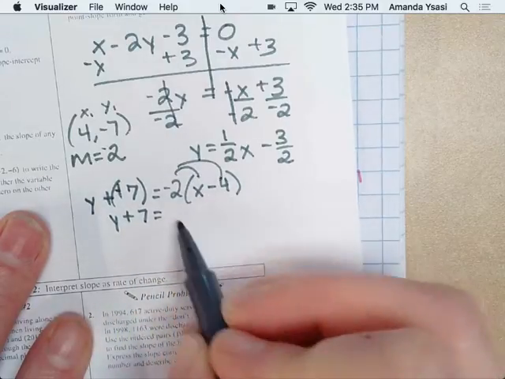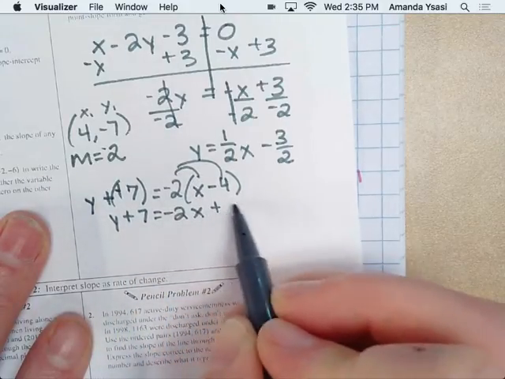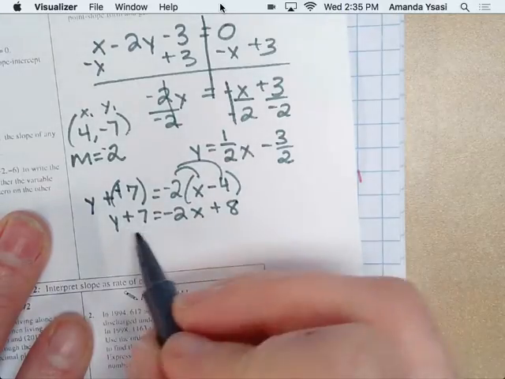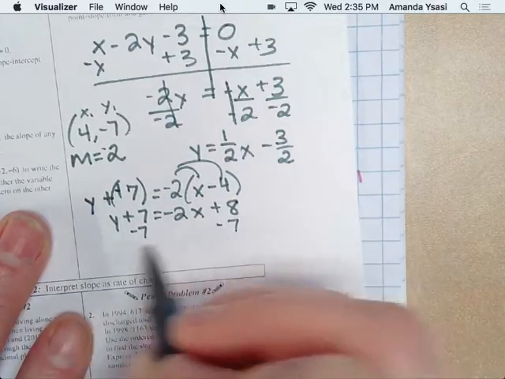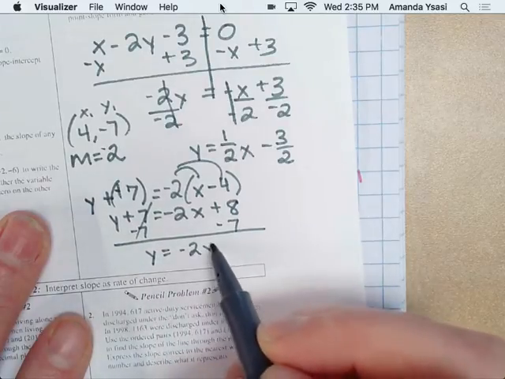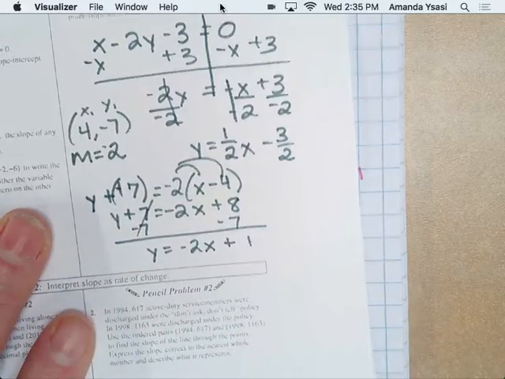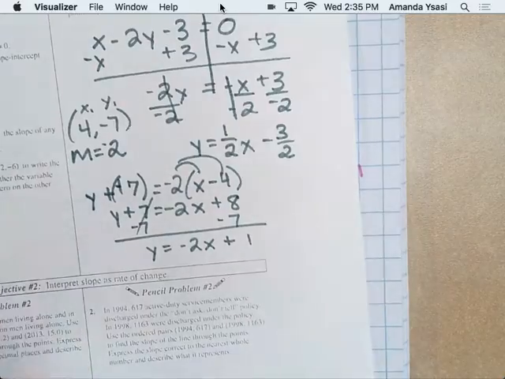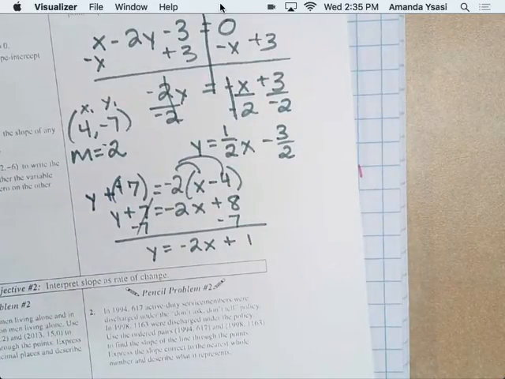Distribute the -2 and subtract 7. Was everything done correctly? Is that what y'all got?